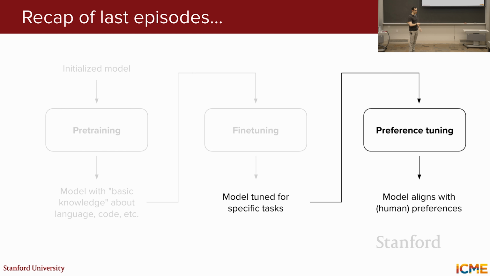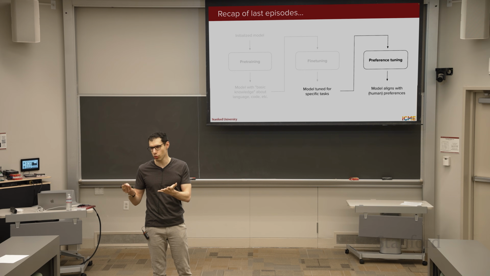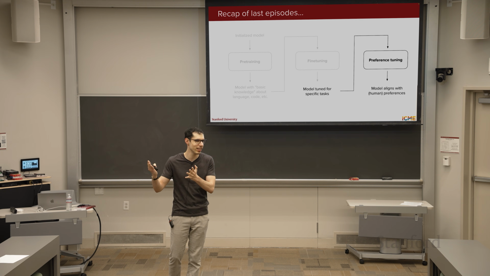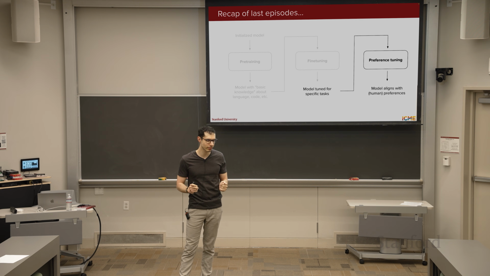So what we're going to see today is how to align the model with what we call human preferences. Here we're taking our model that has been fine-tuned for a specific task and trying to align it to make it more something that a human would like, or that some metric that we're defining would be more aligned with.